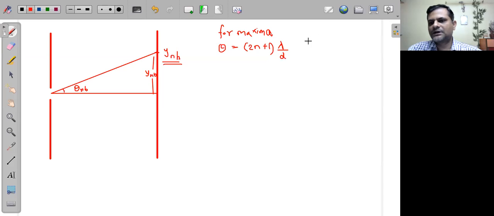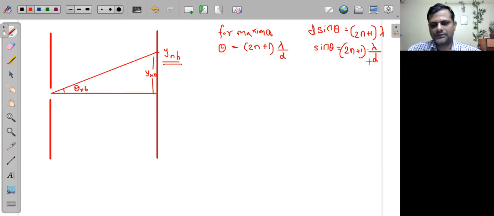Just because the condition for maxima here in case of diffraction is simply d sin theta must be equal to 2n plus 1 into lambda by 2. करेक्ट है. इस कंडीशन को ही हमको अगर सपोज और ज्यादा इक्वेट या एक्सप्रेस करेंगे, इस तरह से सिंप्लीफाई करेंगे, तो ये स्मॉल डी को नीचे लेके जाने से हमको ये मिलता है 2n plus 1 into lambda by 2d.